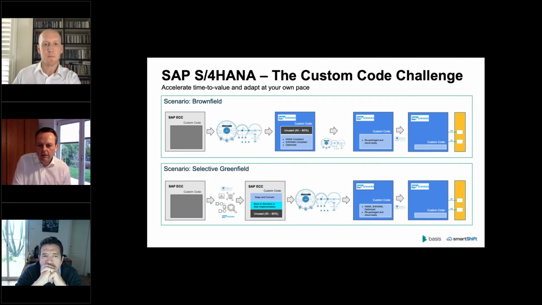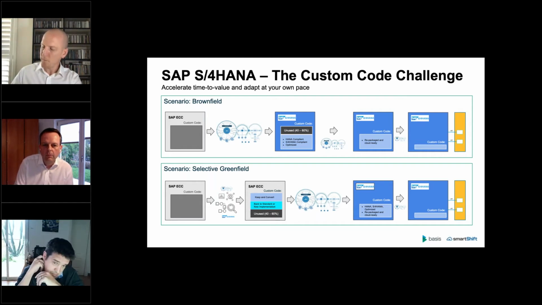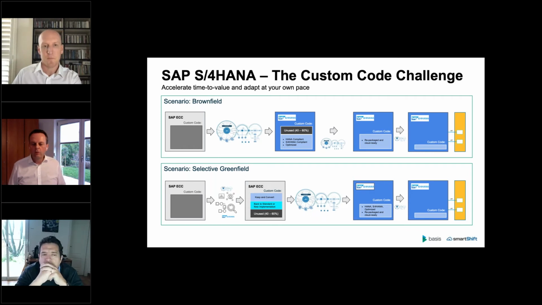But we still think there was, in many cases, a good reason to build custom processes in SAP systems. Either the standard functionality was not there, or our customers implemented strategic processes which differentiate them, right? So therefore, we should not always talk about a burden. There's something good in this piece of custom processes.